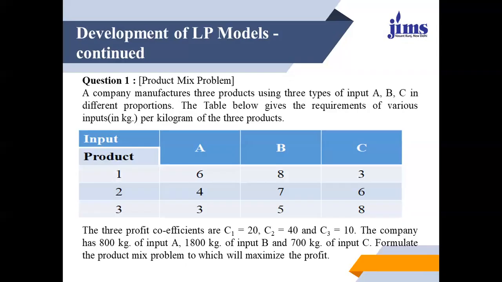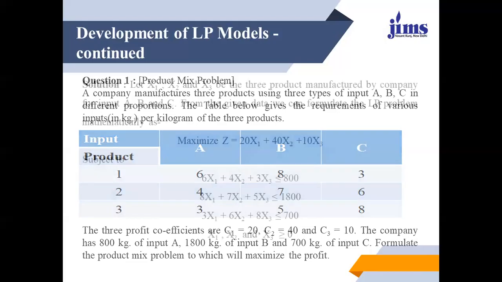Because you are producing x1 quantity of product 1, for which you require 6x1 kg of input A. You are producing x2 quantity of product 2, so you will consume 4x2 quantity of input A, and similarly you are producing x3 quantity of product 3, so you will consume 3x3 quantity of input A. So total consumption of input A will be 6x1 plus 4x2 plus 3x3, and it has to be less than or equal to 800 kg, because 800 kg is your maximum resource available.